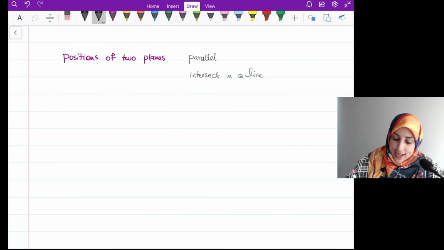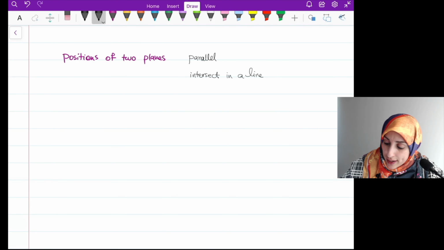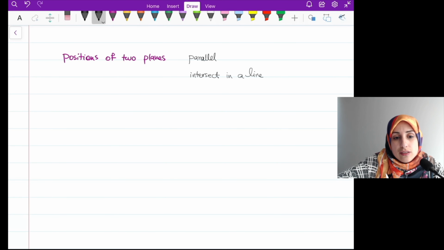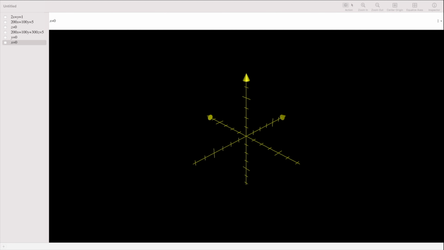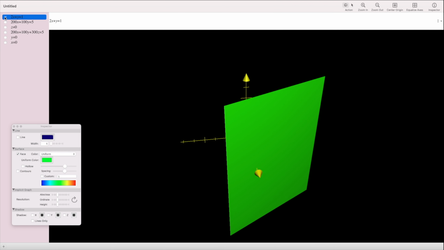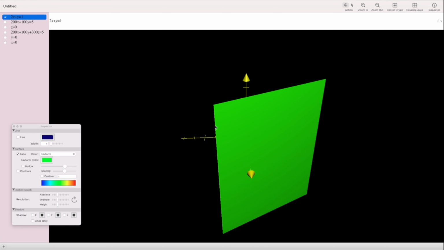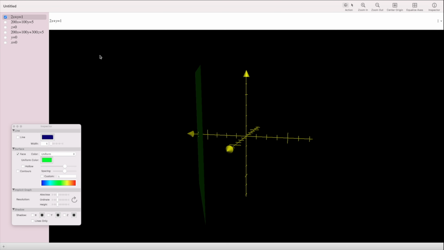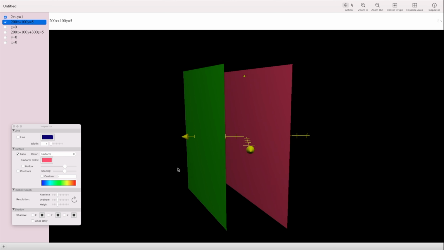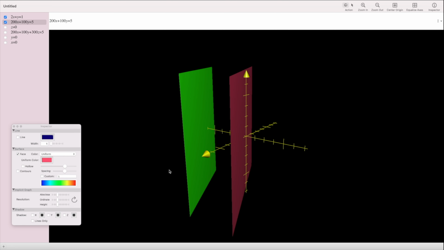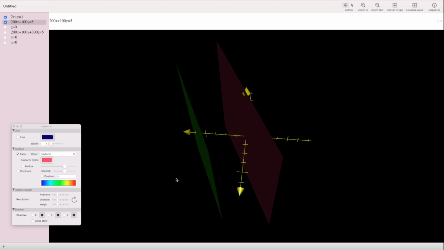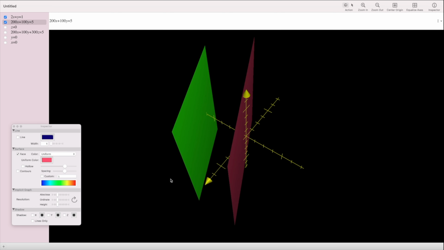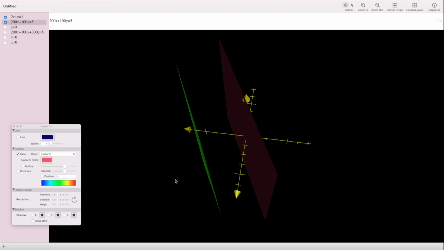Let me show it to you. I have this plane, which is 2x plus y equals 1, and I have this plane, which is 200x plus 100y equals 5. As you see, these two planes are parallel to each other. So planes are parallel when their normal vectors are parallel to each other.